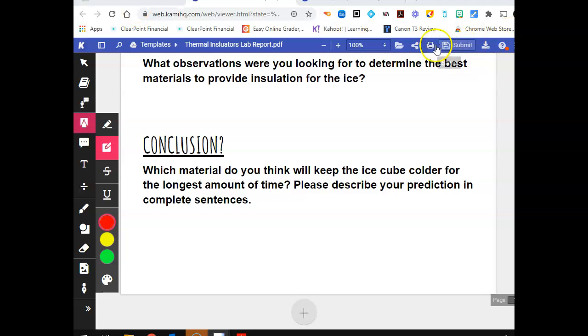When you are done, please click the submit button so that I will get it and I will be able to read it and know that you know the difference between insulators and conductors and what they do for thermal energy. You have 8 minutes left and then we have to start wrapping it up. When you are done, you can work on math workshops.